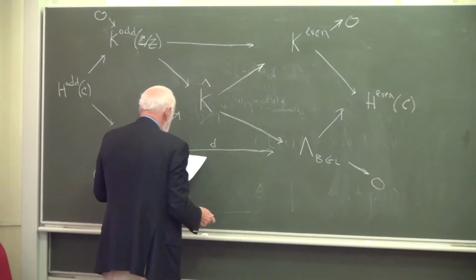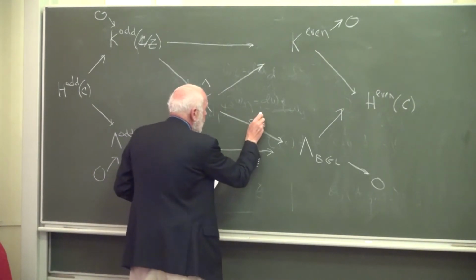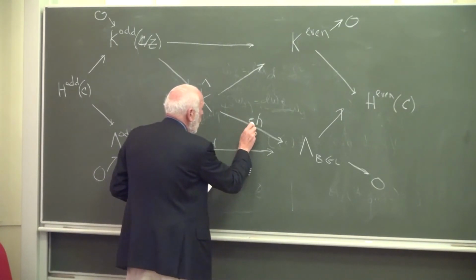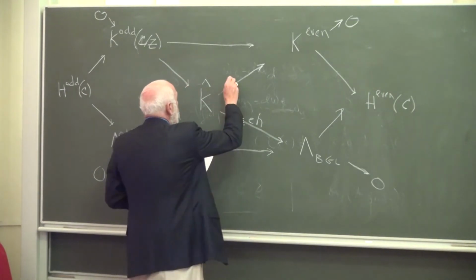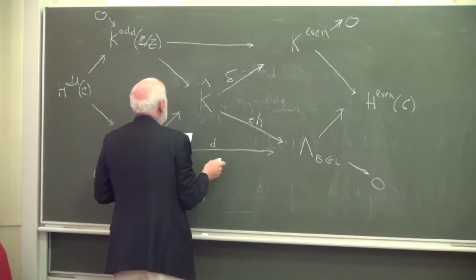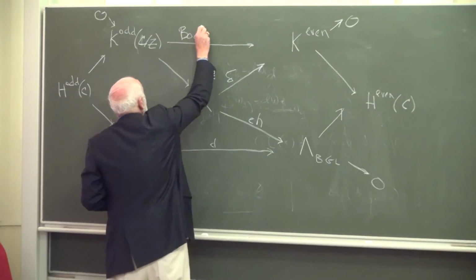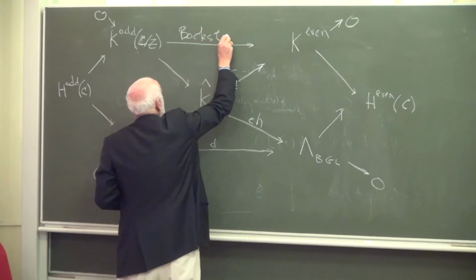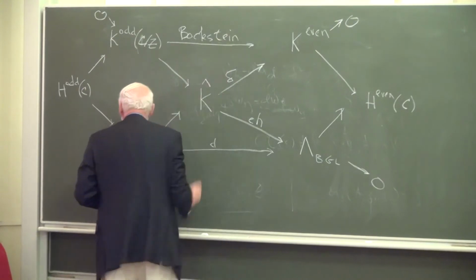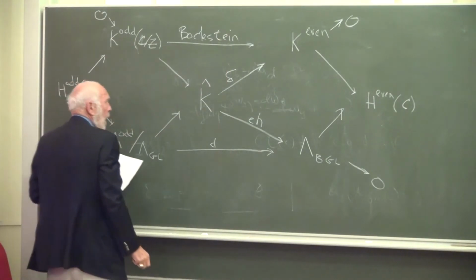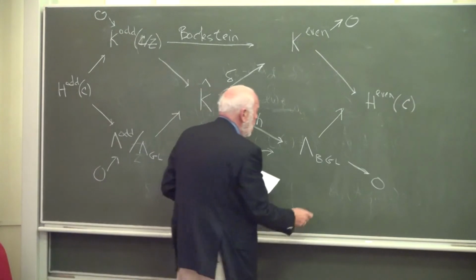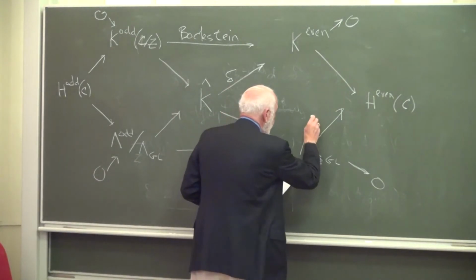Some of these things will look familiar, some of them won't. That's Ch, that's a delta, this is a Bockstein, this is de Rham.